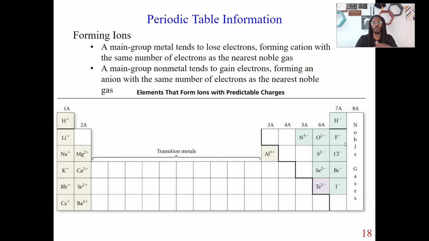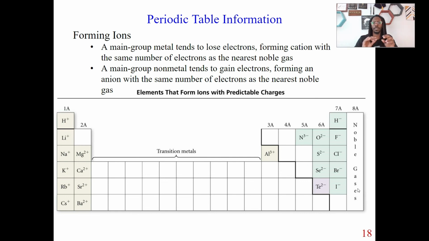Okay, and if we look on the opposite end with the nonmetals, they like to gain electrons. They like to gain electrons. Okay, so they're going to be forming an anion with the same number of electrons as the nearest noble gas.